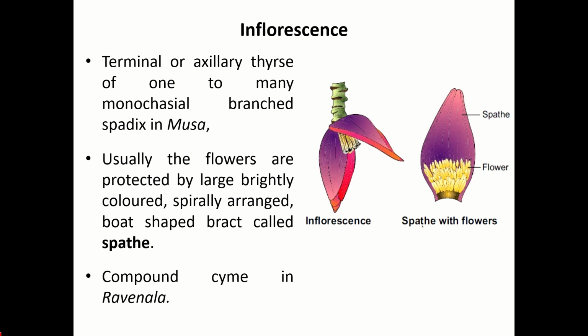These are arranged in uniparous cymes. See, the flowers are protected by large, brightly colored, spirally arranged, boat-shaped bracts called spathe. See, it is a boat-shaped structure. This is your spathe and these are the flowers. Compound cyme is found in Ravenala.